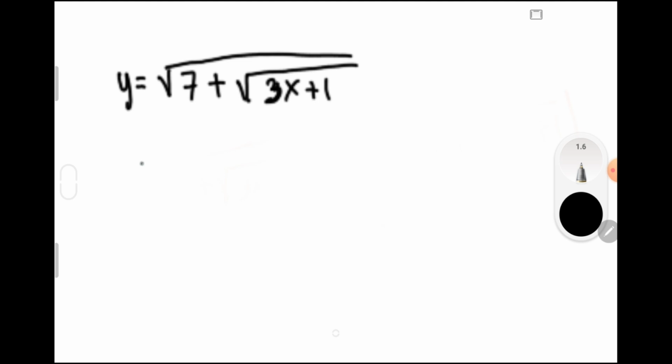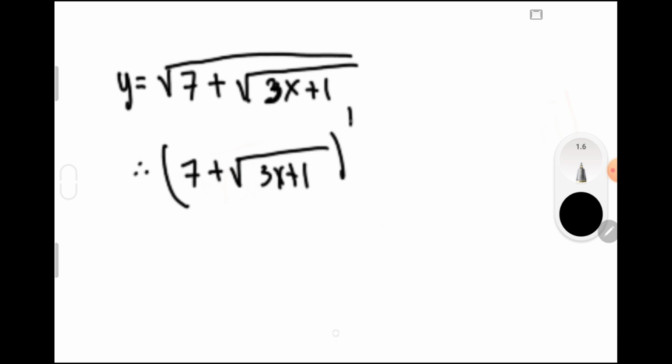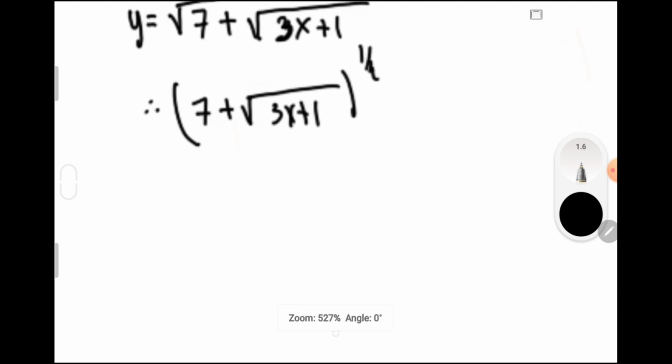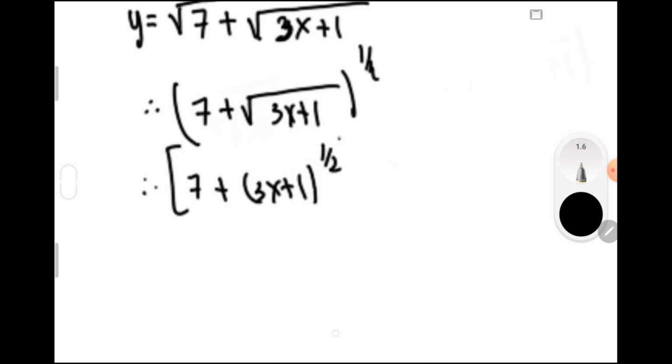Note that this can be written as 7 plus square root of 3x plus 1, raised to 1 half. And also this can be written as 7 plus 3x plus 1 raised to 1 half. Put a bracket, just raised to 1 half.